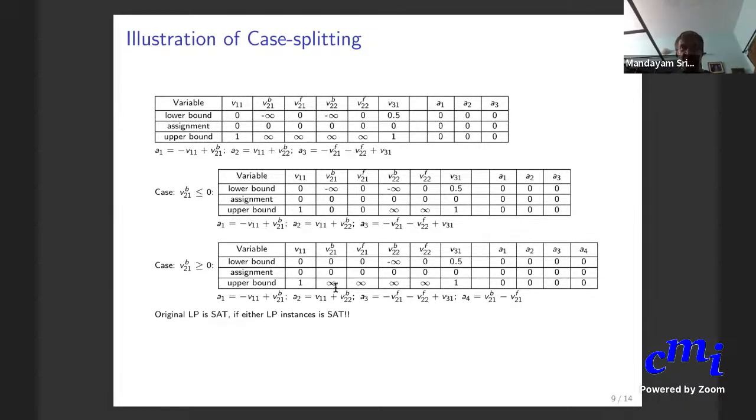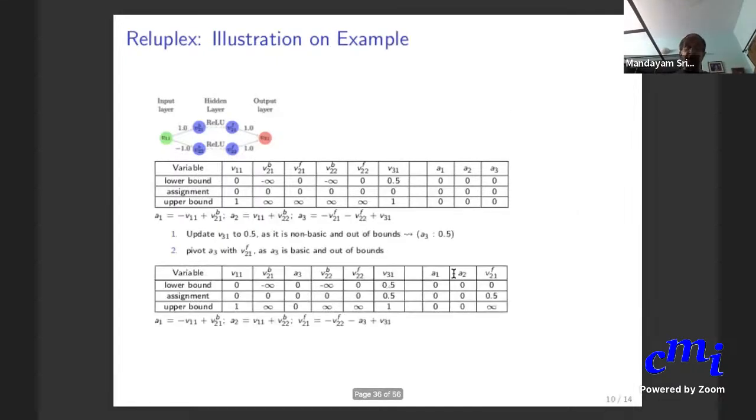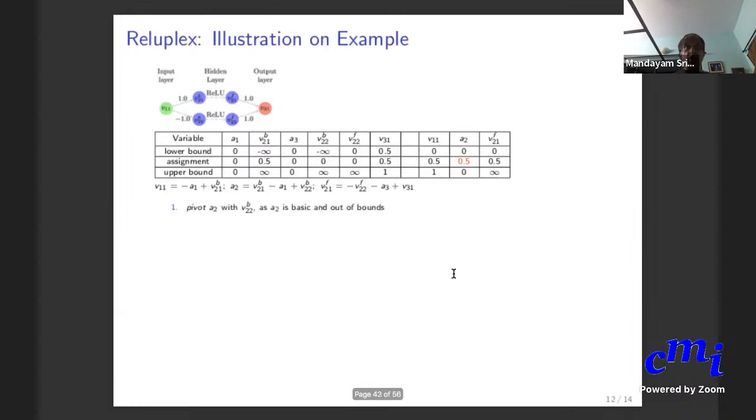In this case, you have to create an equality, because if V21B is greater than or equal to 0, then you have to add the constraint that V21 of F must be equal to V21 of B. For that you need to introduce a new additional variable in order to model it as an LP. So this is how you split the problem into two LP instances.